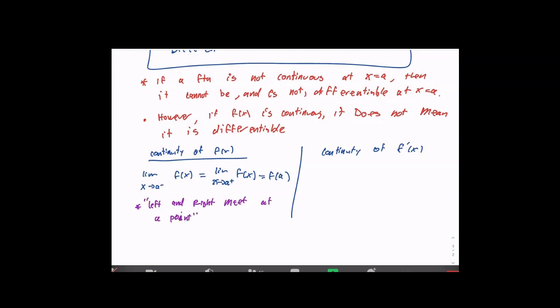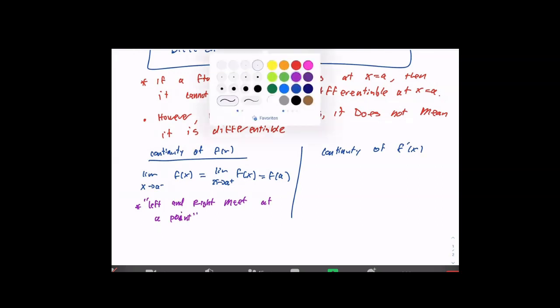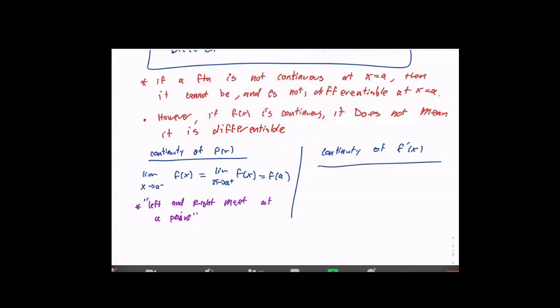Okay, so we talked about that connecting aspect. With the derivative, it's the same thing. The limit as x approaches a from the left-hand side of f prime of x is equal to the limit as x approaches a from the right-hand side of f prime of x, which is equal to f prime of a.